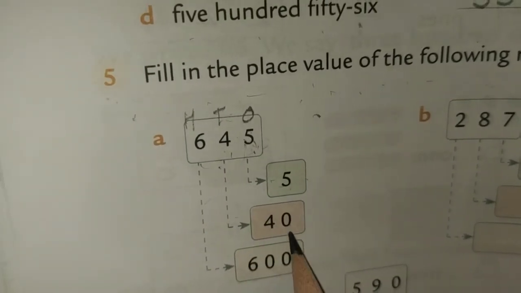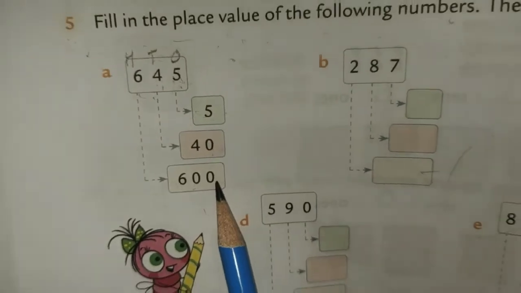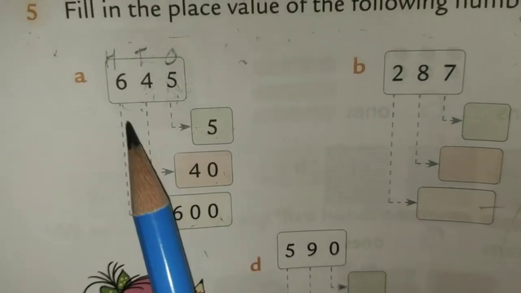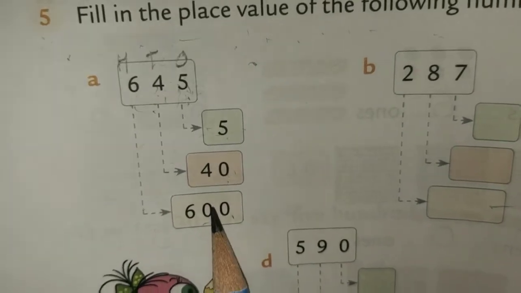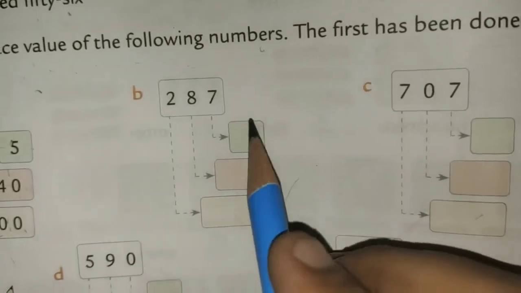Then 4 has one partner, so we put 1 zero. And 6 has two partners, so we put 2 zeros. So 5, 40 and 600. So 645.